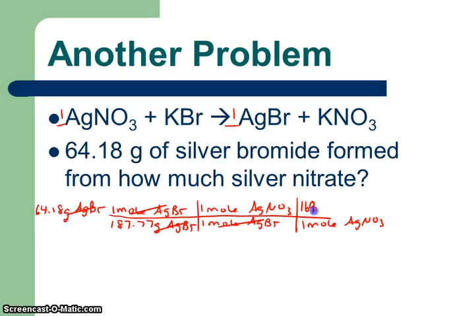So 169.33 grams of silver nitrate in 1 mole. Multiply the numbers on the top, divide the numbers on the bottom, and we find that 57.88 grams of silver nitrate had to have reacted in order to produce 64.18 grams of silver bromide.